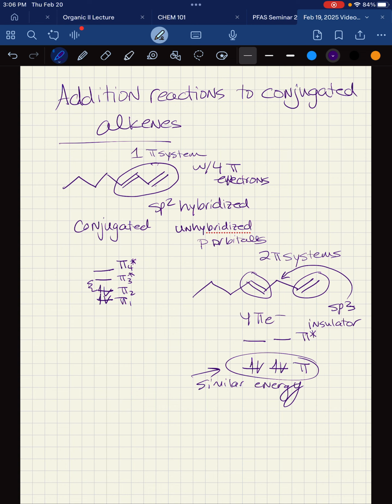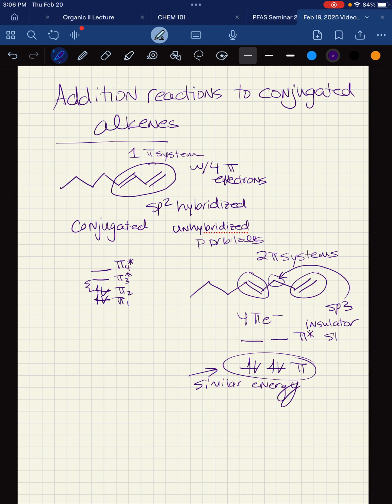But effectively, this sp3 hybridized atom is going to act as a stop sign for electronic communication. And if we have a long system of these unhybridized p orbitals where electrons can sort of flow, we can end up with conductive materials in this way.